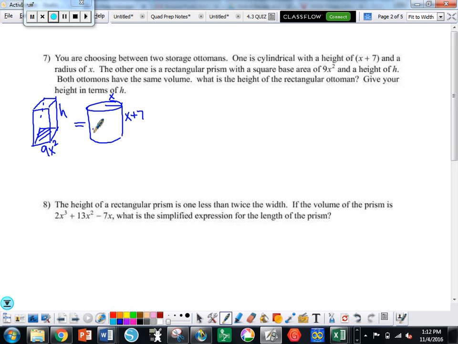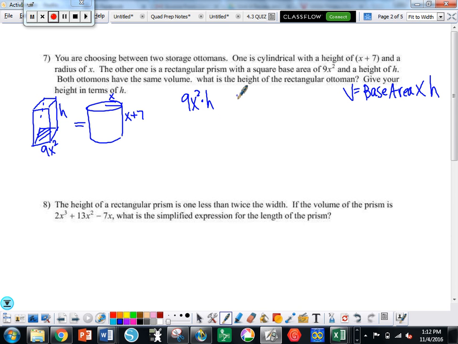So the idea to find volume, you have to take the base area and multiply it by the height of the prism or the cylinder. So if we find the volume of the prism, the base area is 9x squared times the height, and then find the volume of the cylinder.